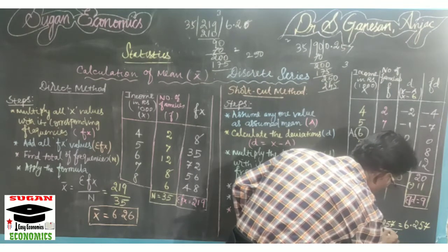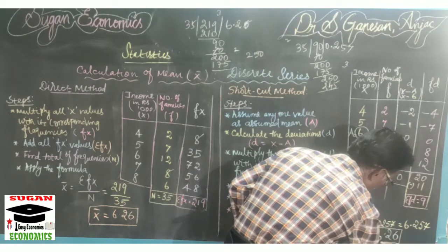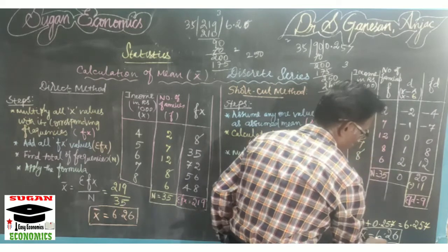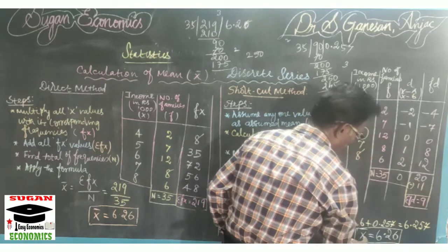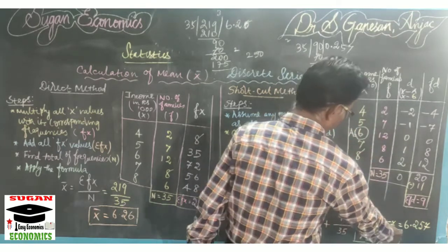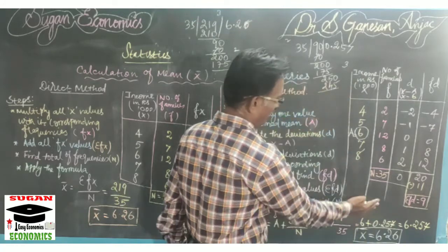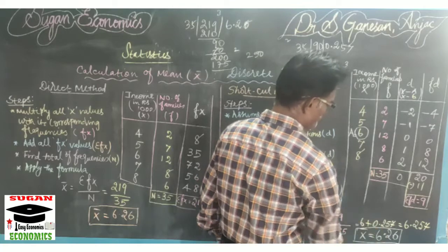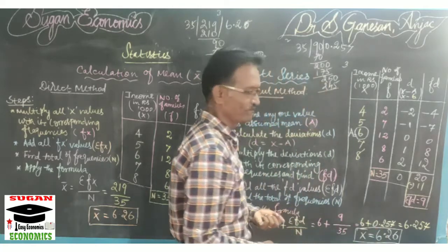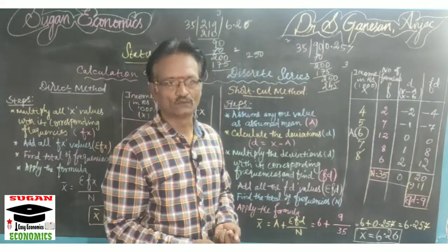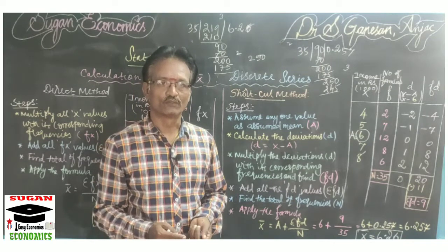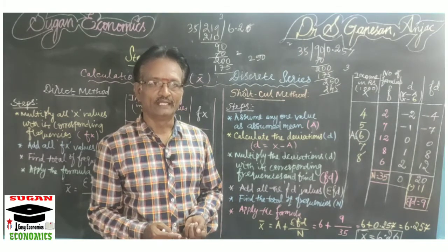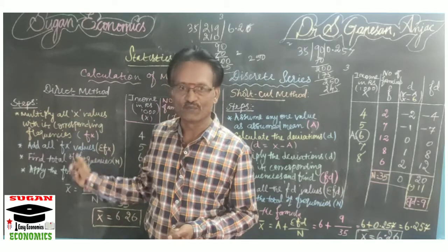Minimum here, we have to calculate 2 decimal values. So here the arithmetic mean value is equal to 6.26. So the average income of 35 families is equal to 6,260. Are you clear?